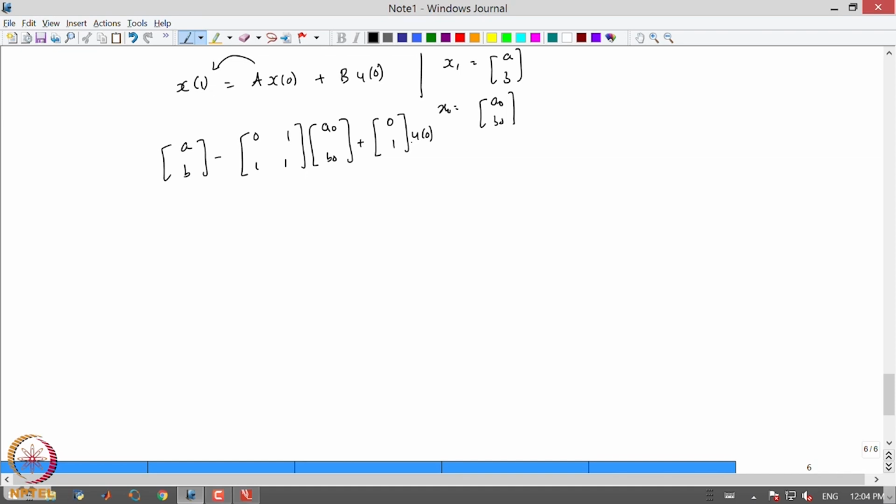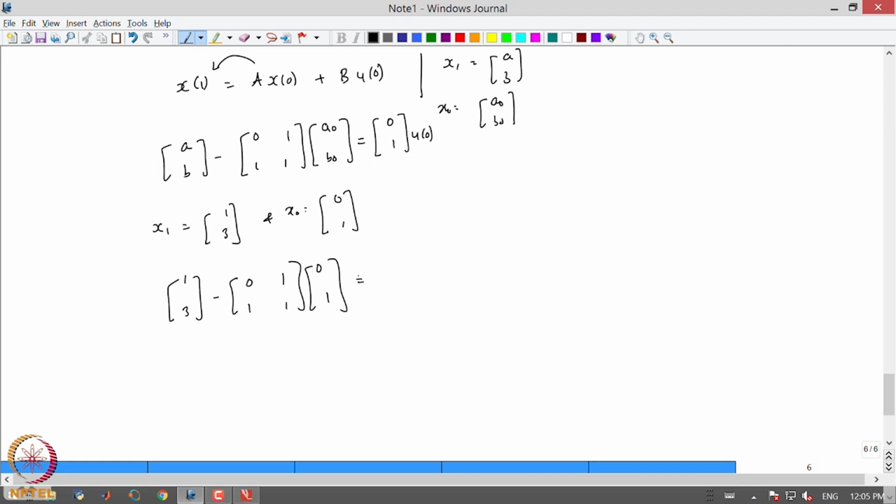For example, if x 1 is [1; 3] and x naught is [0; 1]. If I substitute this here, what I have is x 1, which is [1; 3], minus [0 1; 1 1] times [0; 1]. Okay, sorry, there should be an equal to sign here.